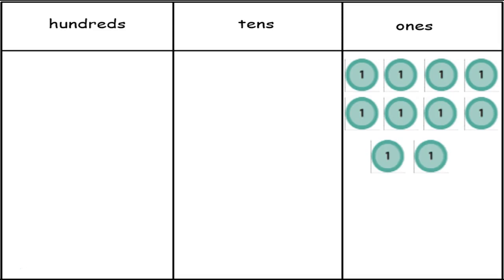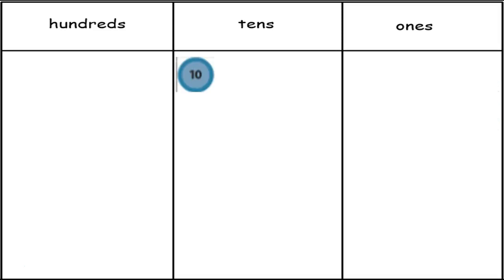So I have 10 discs here. Can I take those 10 discs and make another unit? I sure can. What unit can I make? Right, I can make a 10. So I can take all of these ones and put a 10 over here to make a unit of 10.